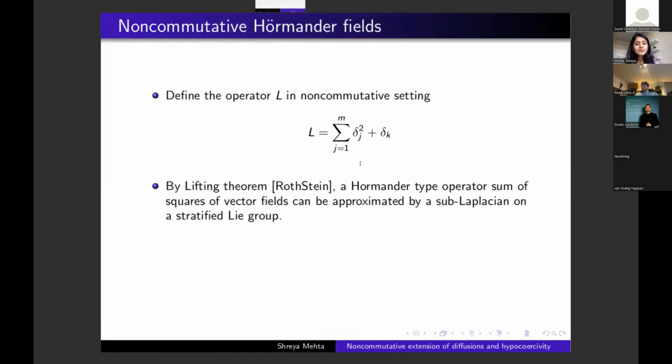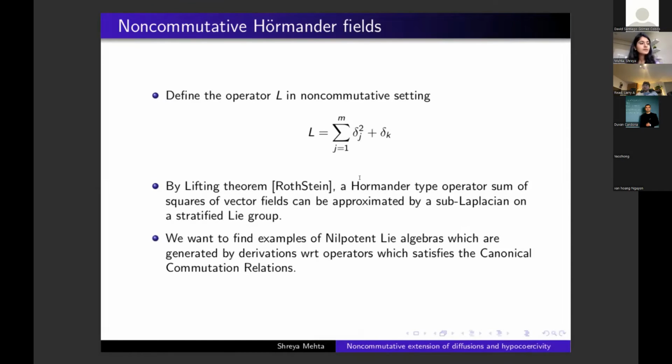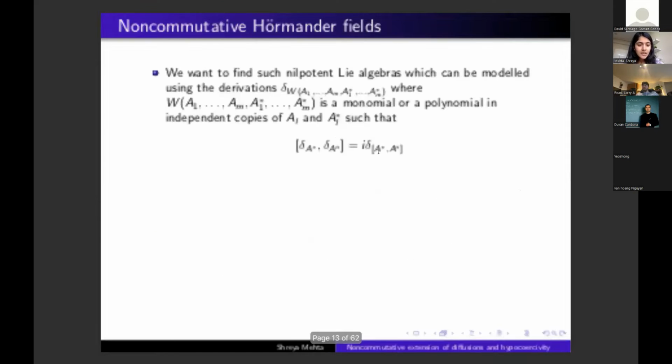By the lifting theorem, introduced by Rothschild and Stein, any Hormander type operator, which is the sum of the squares of the fields, can be approximated by a sub-Laplacian on a stratified Lie group. So now we want to define some examples of nilpotent Lie algebras which can be generated by derivations with respect to operators satisfying these CCRs.